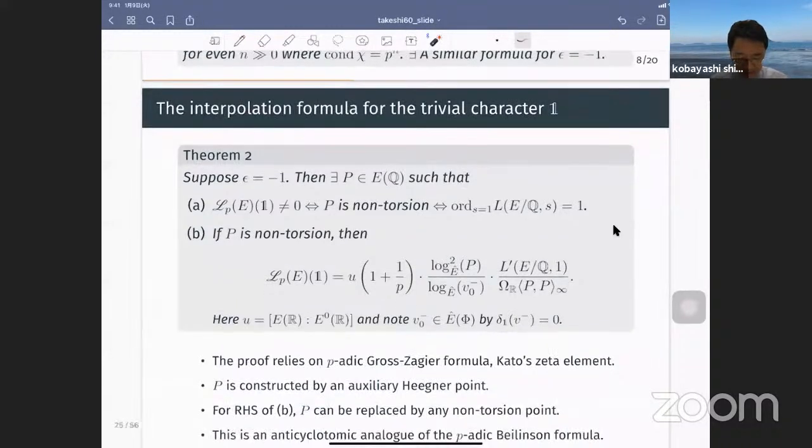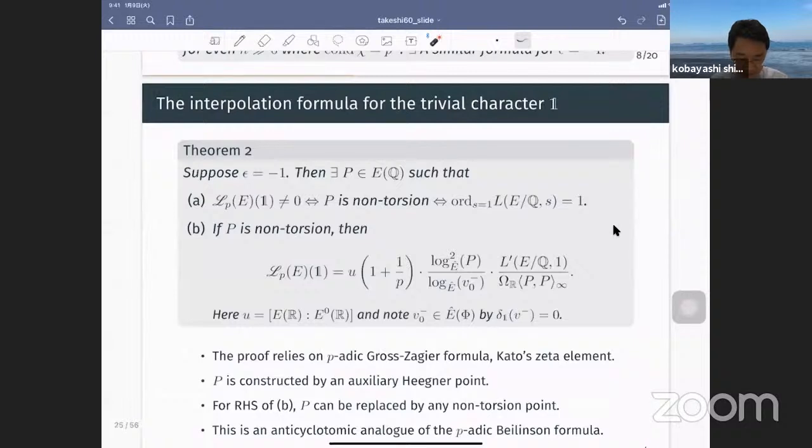Then there is a rational point P in E(Q) such that the p-adic L function has 0 at the trivial character if and only if P is non-torsion, and if and only if the complex order of the L function, the analytic rank, is 1. So P is something like a Heegner point.